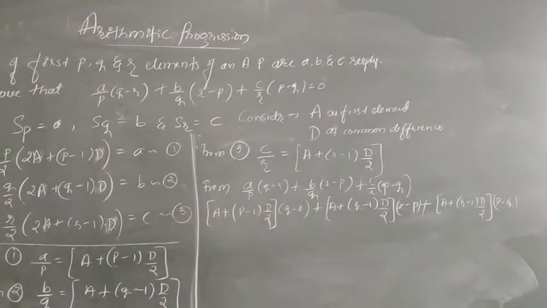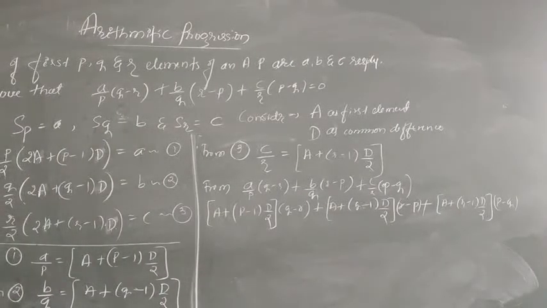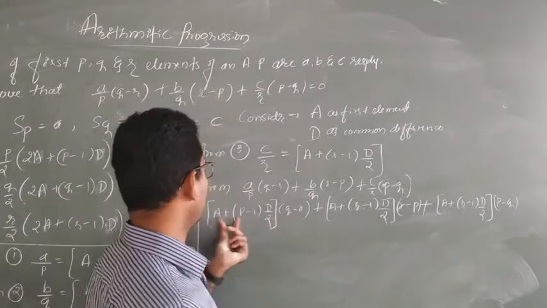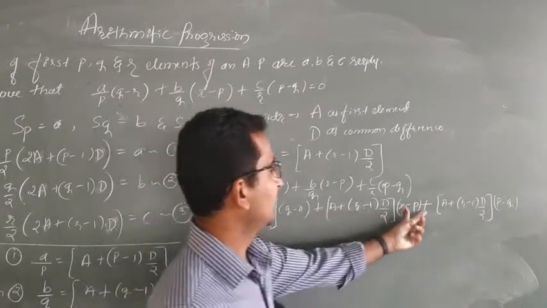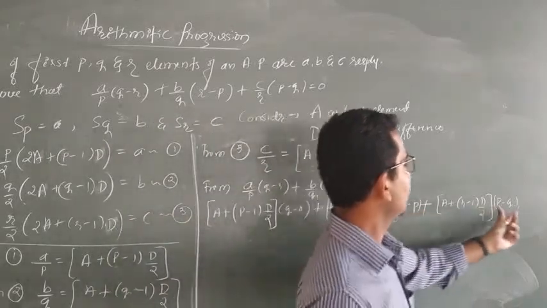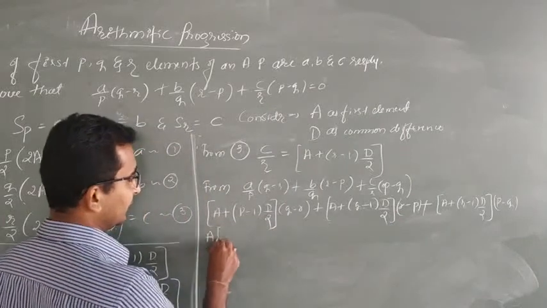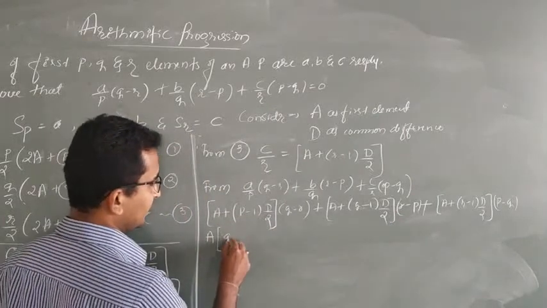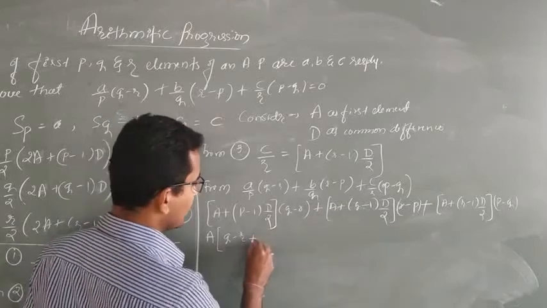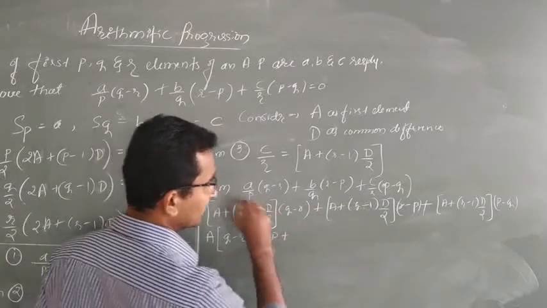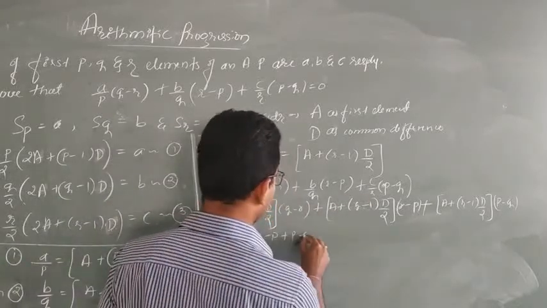So the next thing we have to do is, if I multiply this q minus r inside the bracket, then a into q minus r, a into r minus p, a into p minus q. So I will take a as the common multiple, then this is q minus r plus r minus p plus p minus q.